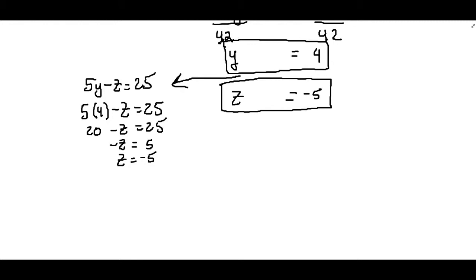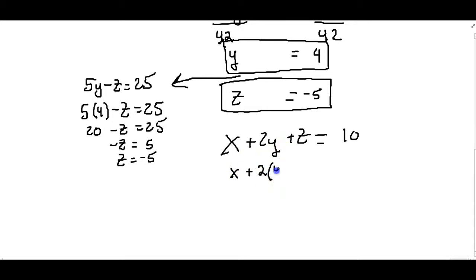Okay, so the equation we're going to do is x plus 2y plus z equals 10. Substituting in 4 for our y and negative 5 for our z. So then we have x plus 2 times 4 plus a negative 5 equals 10.